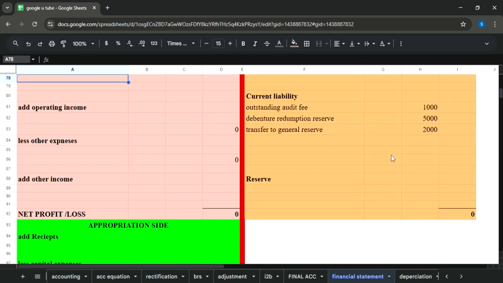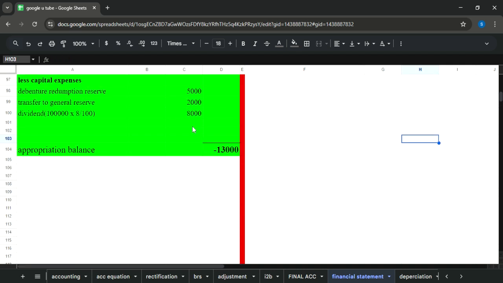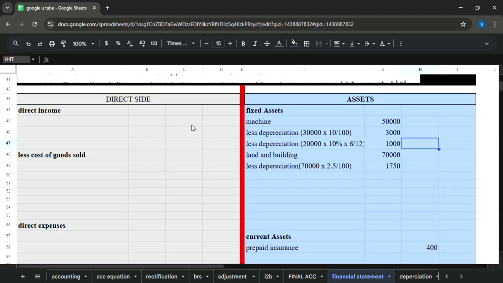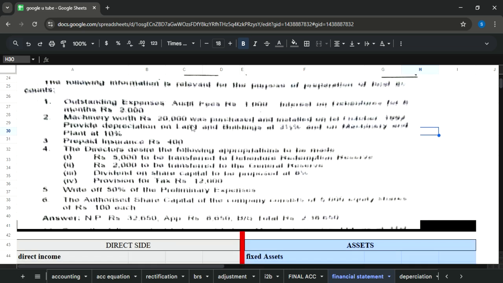Now next step, we'll again go to the current liability side, and here we will mention dividend. The amount which we have just calculated is 8,000. So in the current liability side we will mention 8,000. Alright guys, after dividend we have provision for tax.